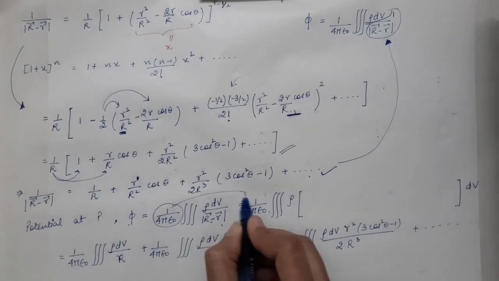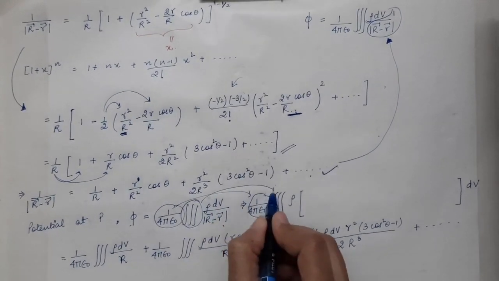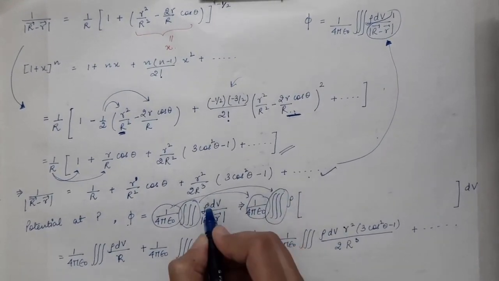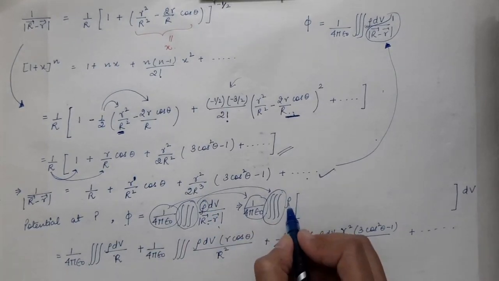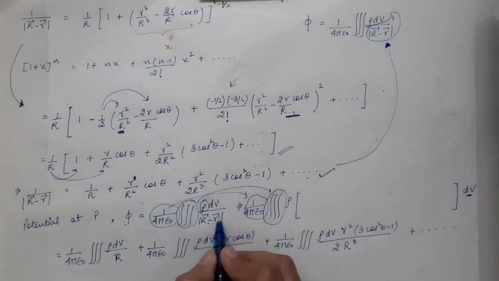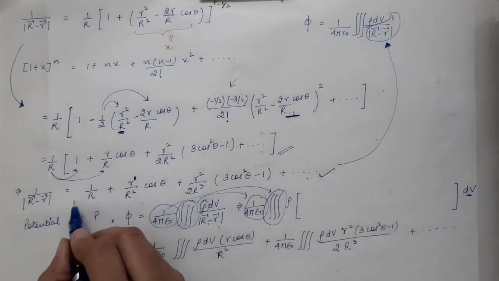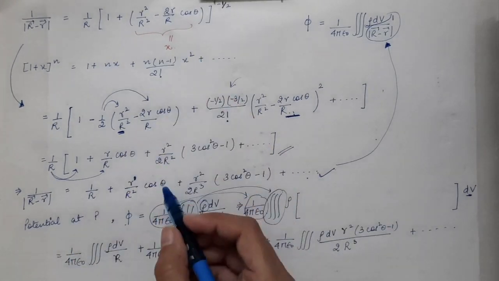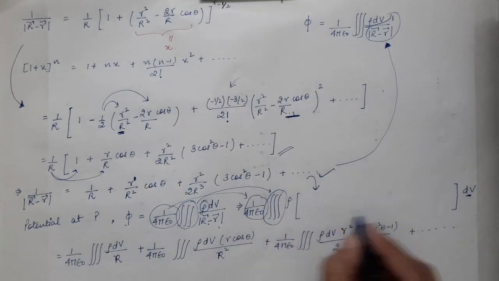This term will remain as it is. The integration remains as it is. Then this rho into dV will also remain as it is, but instead of 1 divided by capital R vector minus small r vector, you have to insert all these terms which we have got after the binomial expansion. So this is the result which we are going to insert in this bracket.